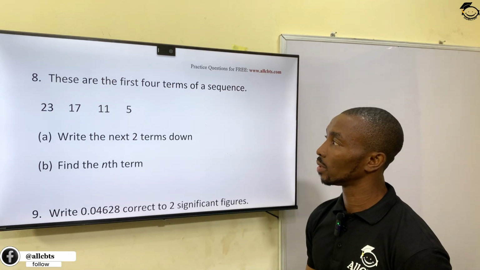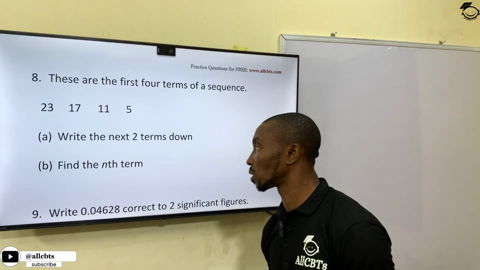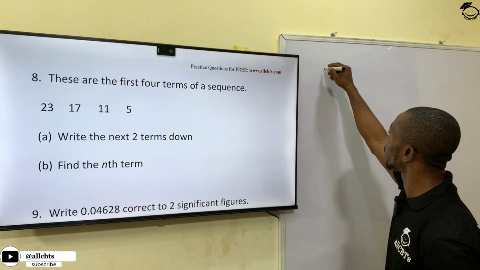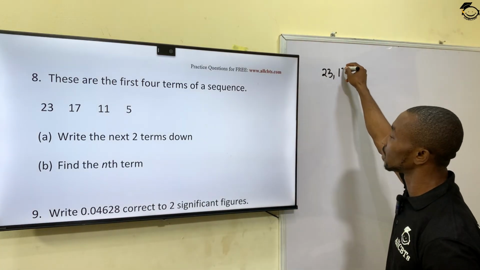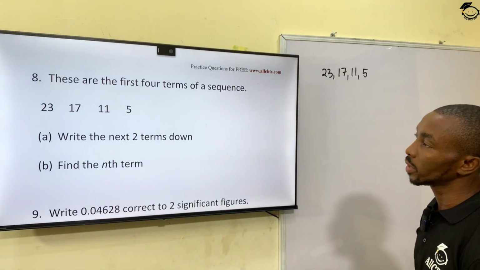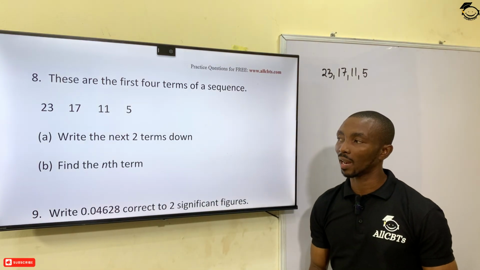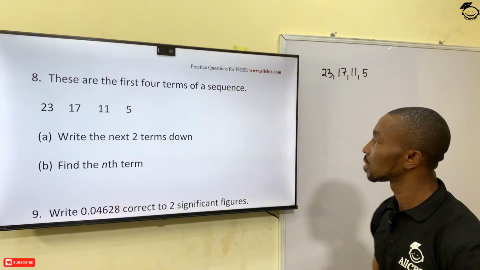So our next question, it says, these are the first 4 terms of a sequence. Now we have 23, 17, 11, and 5. The question says, write the next 2 terms down and find the nth term of this sequence.